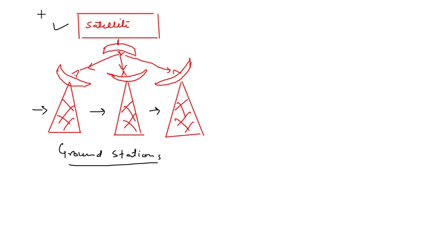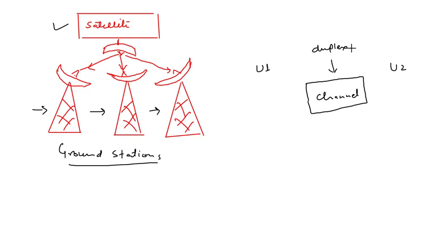And there is one more system, which is between two users, like we have user 1 and user 2, and these two users are communicating over a single channel, and this single channel is considered to be a duplex one. Here user 1 is transmitting on one simplex channel and receiving on another simplex channel, and similarly user 2 is receiving on one simplex channel and transmitting on another simplex channel.